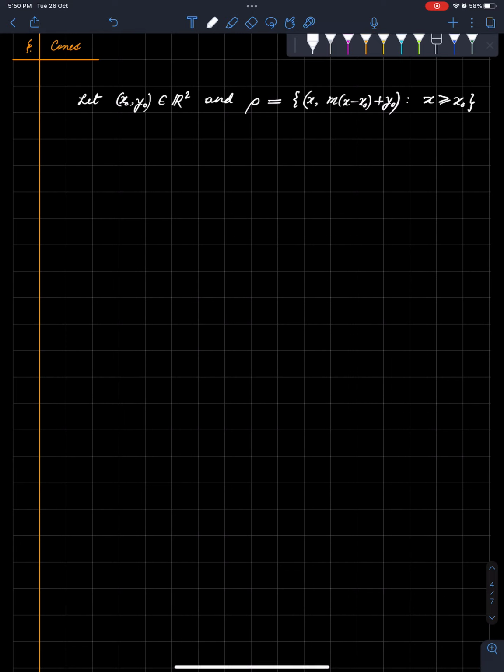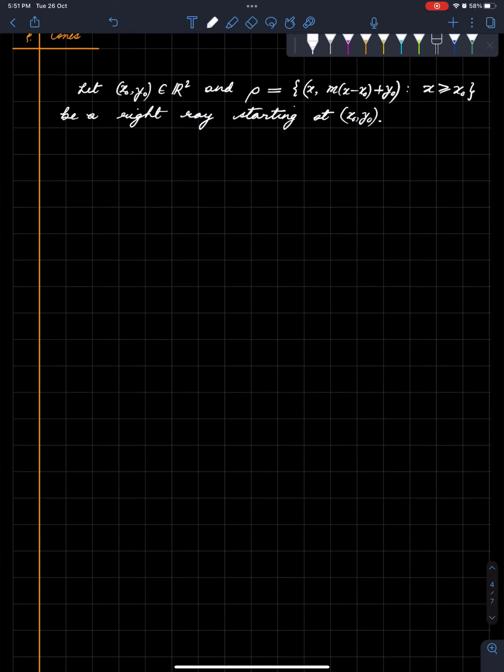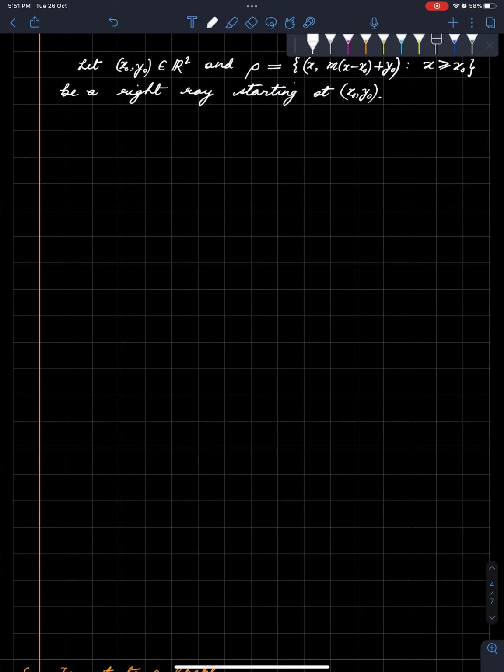So we have fixed it, starting at x naught comma y naught. So now what I want to do is define a cone, not really centered, but a cone which has to do with that ray.